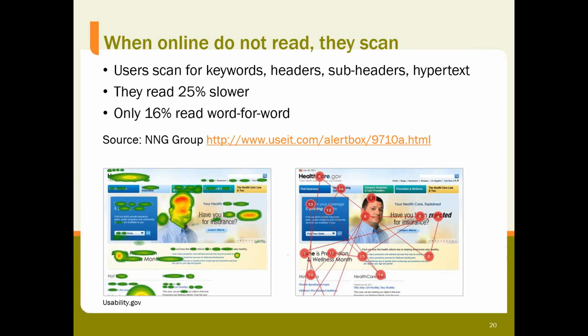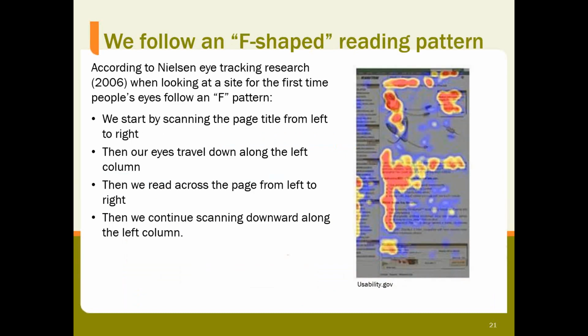So typically, this is eye tracking information here, and this is just characteristic of how people process information online. Where their eyes go, bing, bing, bing, bing, bing. And it's very predictable, and the more skilled you get at designing forms, the more you can control where people look, because that's really your job as the designer.